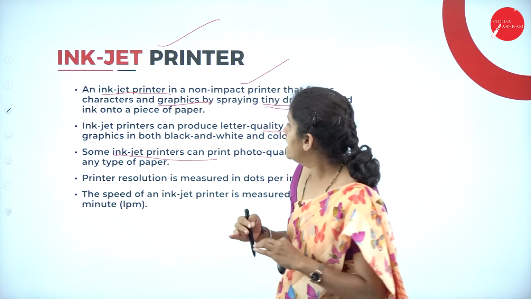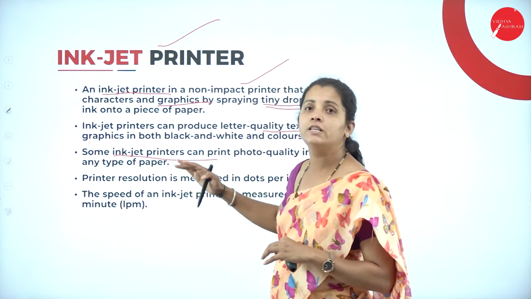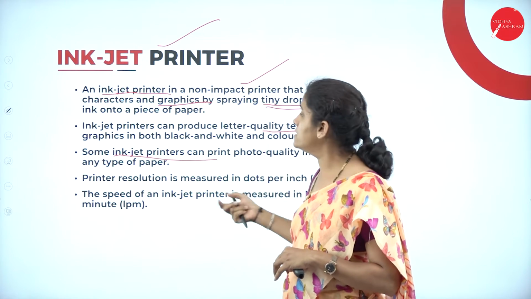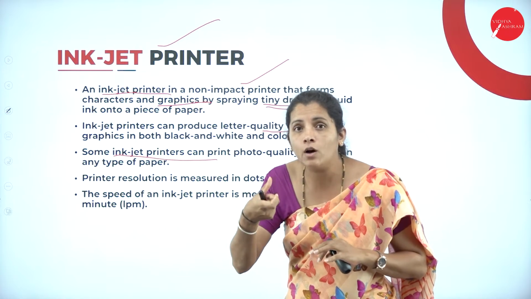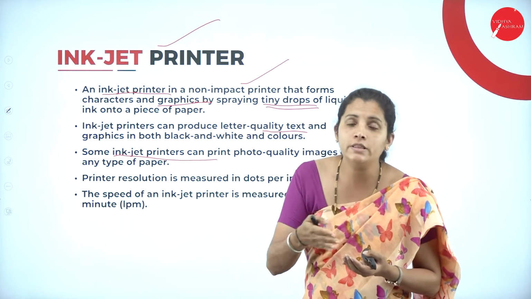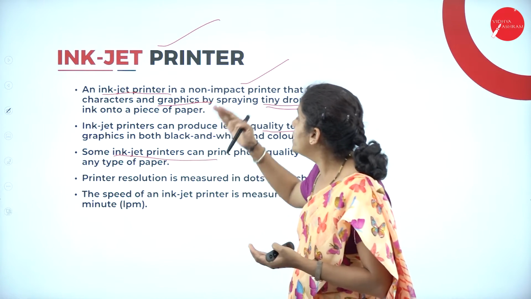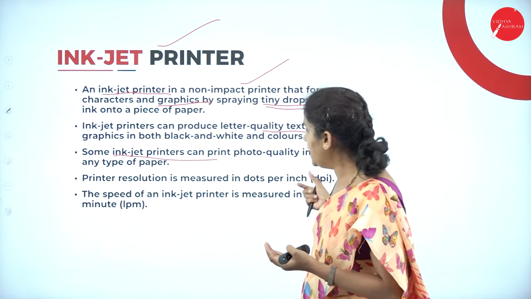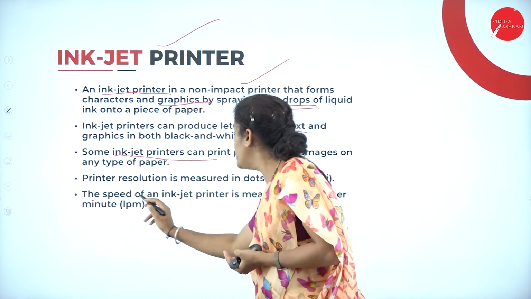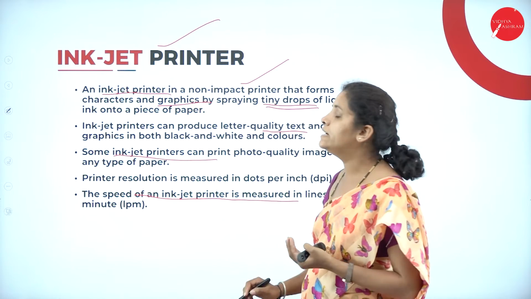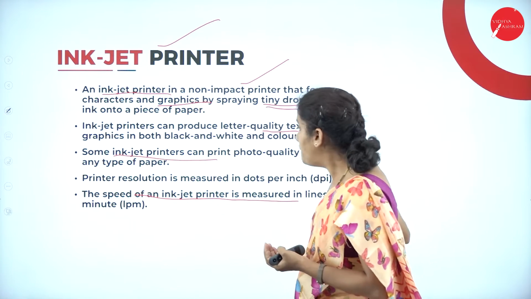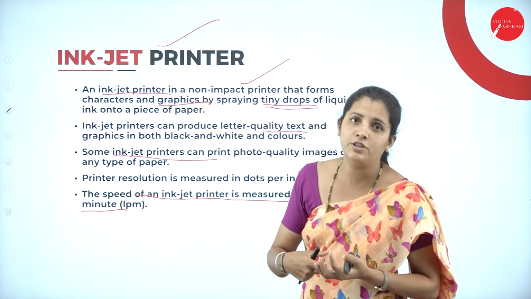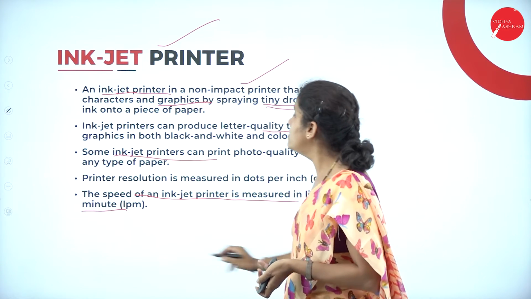Dear students, here the printer resolution is measured in dots per inch. That means the quality of the printout mainly depends on the dots. Then the speed of an inkjet printer is measured in terms of lines per minute.